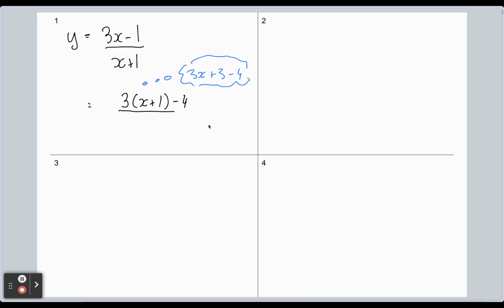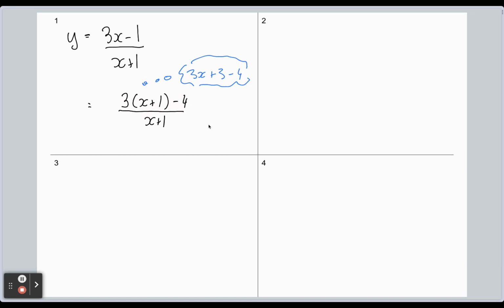The question you might be asking, and it's a fair question, is why on earth would I do that in the first place? Well, now that I've got my numerator into 2 sections like this, I can use my fraction knowledge to split this fraction up.